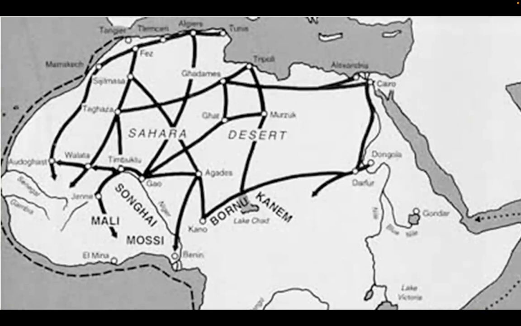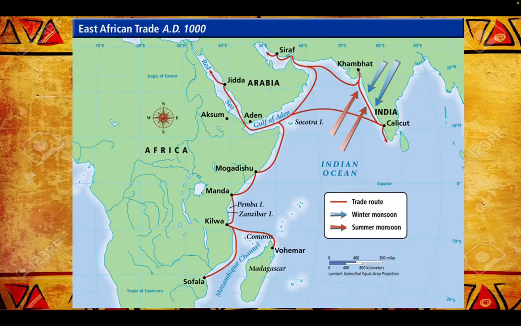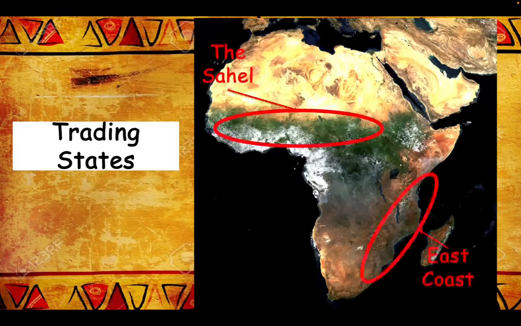This is the Trans-Saharan trade routes, and then this is the Indian Ocean system. Because these two areas connected to the rest of the world by trade, states developed in both of them because they were needed to conduct trade.